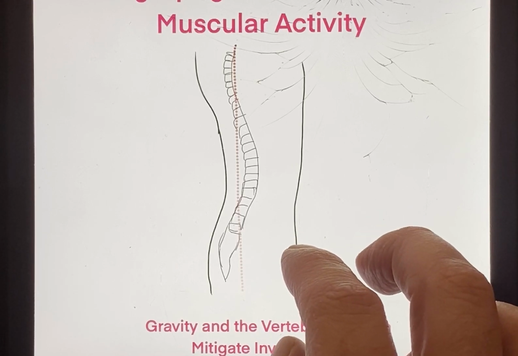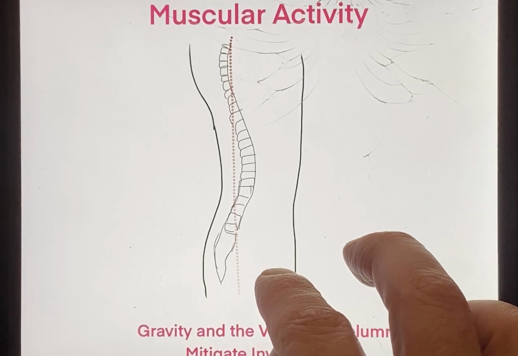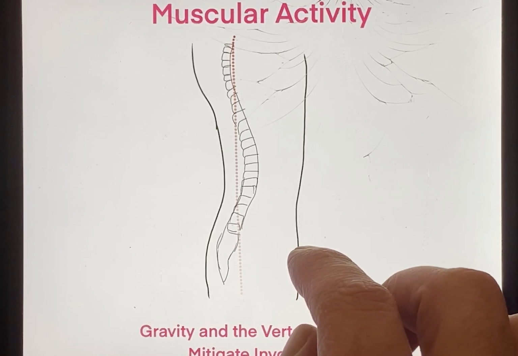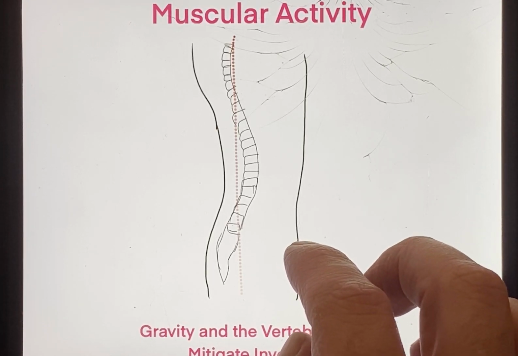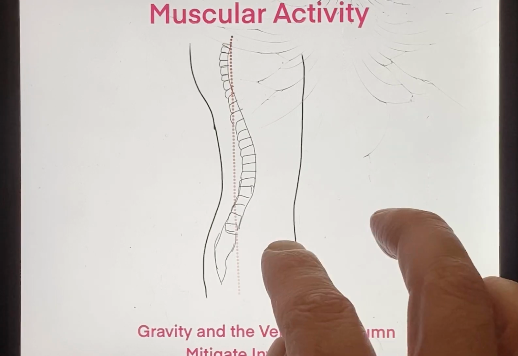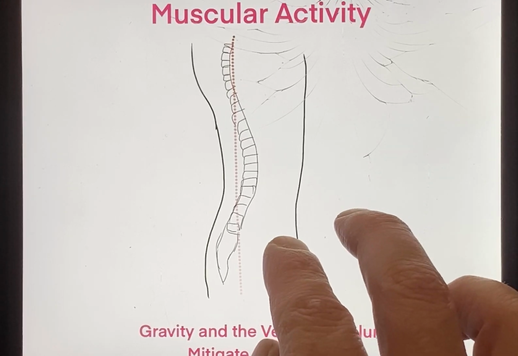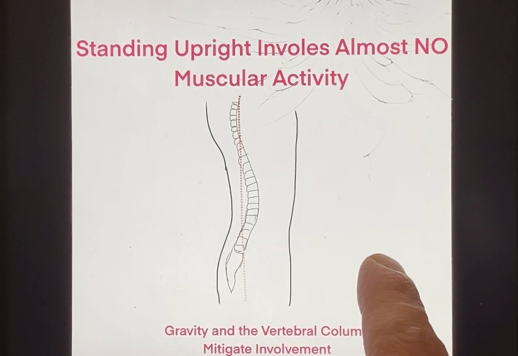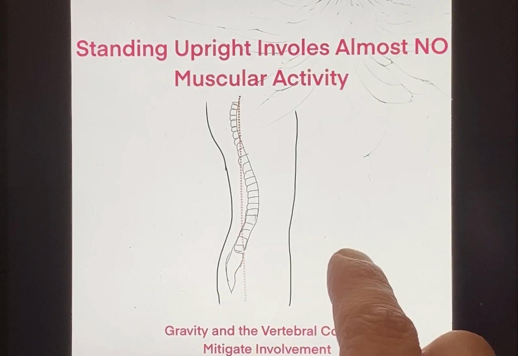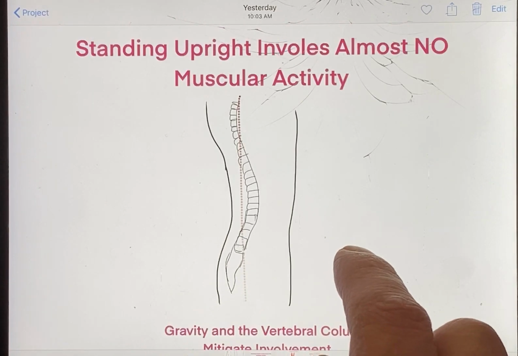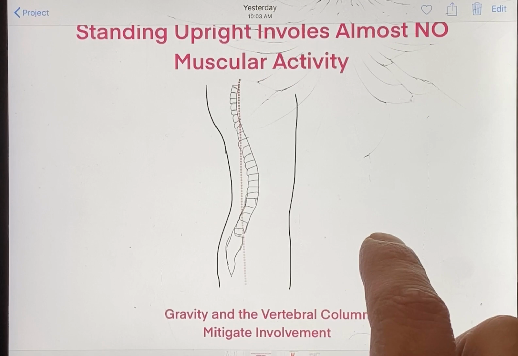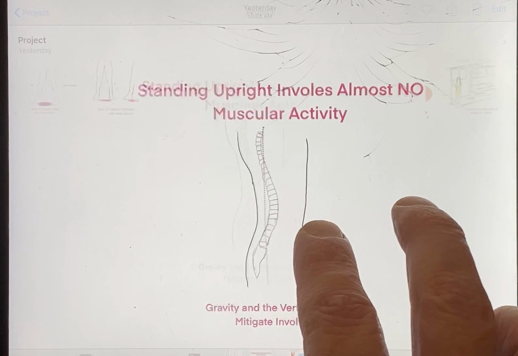Unless acted upon by an outside force, or if there's some structural flaw, usually most structures that are built will more or less support themselves, and the body takes a page out of that, or those structures take a page out of the body and copy that notion about how things actually work. So gravity and the vertebral column mitigate any involvement of muscles, and that's the way the body prefers to be.